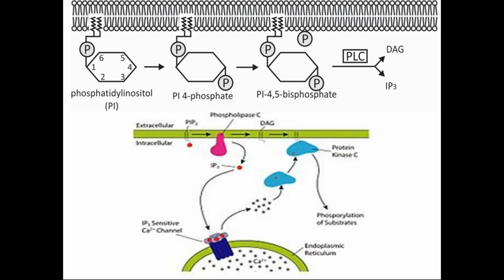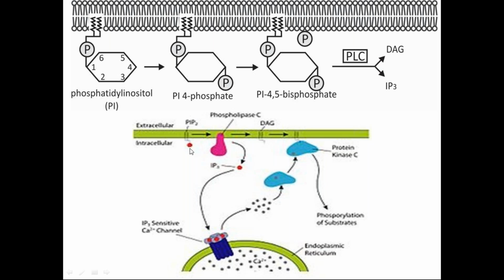Now see what function they will play. First, let's take this DAG. DAG is always functioning on the membrane. Very, very important. It is functioning on the membrane. This PLC is phospholipase, whatever is shown here in the diagram.